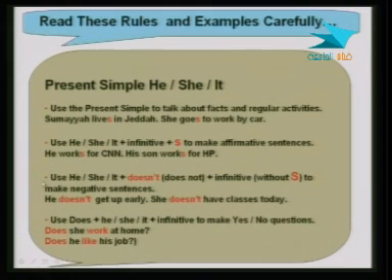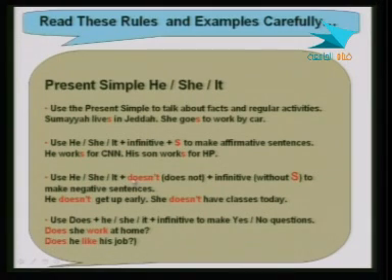Okay. Third point, use he, she, it. Now here, what are we making? We want to make negative sentences. How do we make negative sentences when the subject is he, she, it? What happens is that after the subject, after he, she, it, we have does, instead of do.